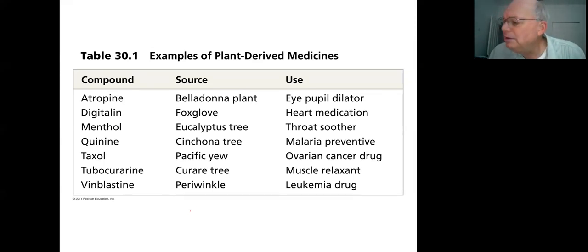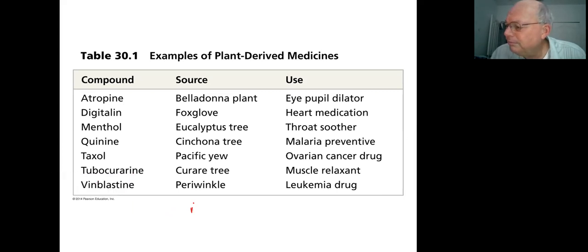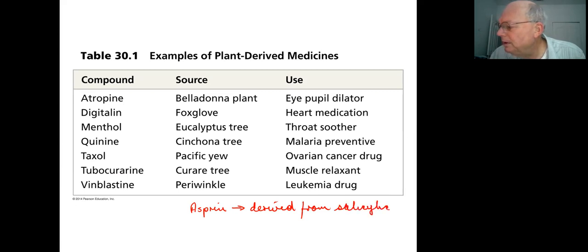The original industrial pharmaceutical, aspirin, derived from salicylic acid.